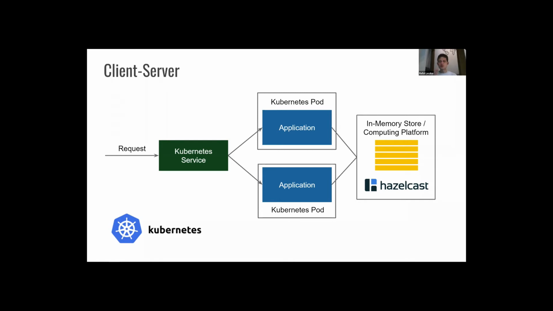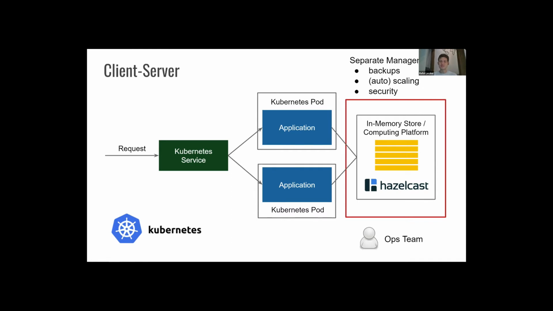There are two main differences. First, we have something new in our diagram. This new server requires some maintenance and management, and it's good and bad. From the good side, you can scale it up as you want, not touching your application. But it also requires setting up some security and doing some maintenance. I can already tell you that in big enterprises, what we see is that this is managed by a separate ops team.